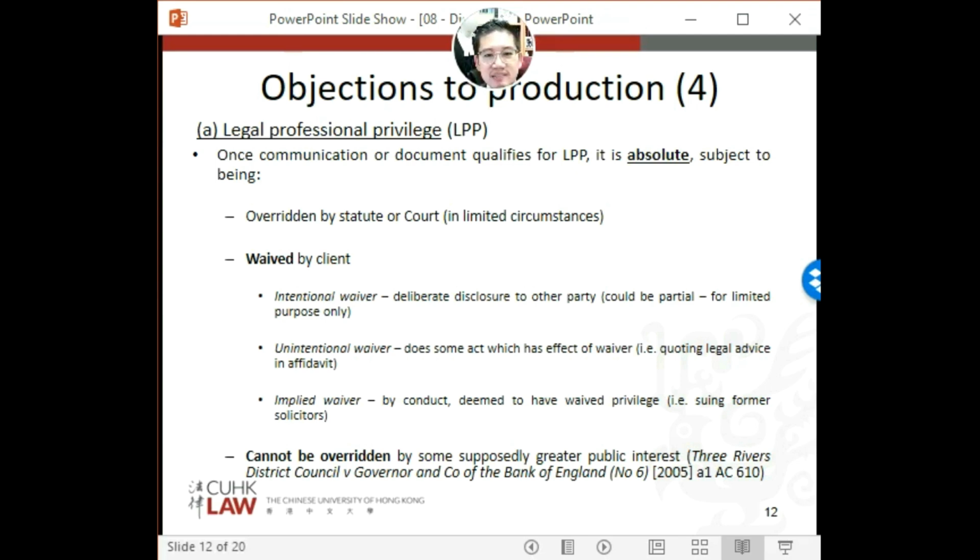Implied waiver is by conduct; I'm deemed to have waived privilege. So let's say I'm suing my former solicitors for negligence. Of course, impliedly, my former solicitors can disclose and rely on the legal advice given to me previously. Okay, because it's absolute, it means it cannot be overridden by some supposedly greater public interest.